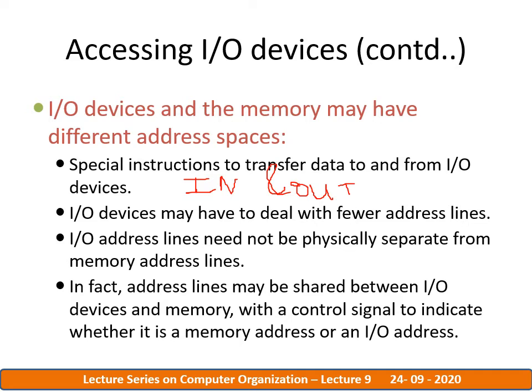The advantage of using a separate IO space is that IO devices deal with fewer address lines, a small decoder size and simple hardware.